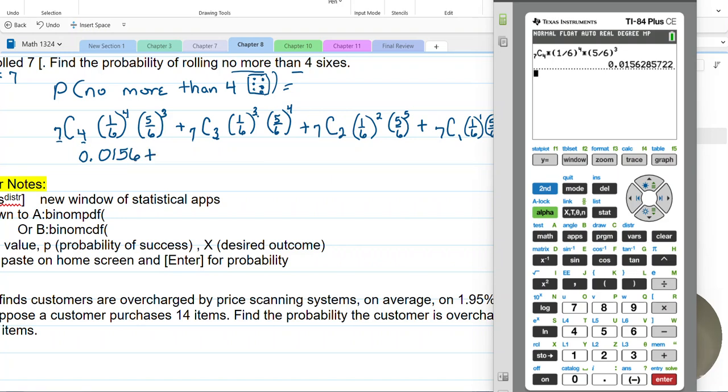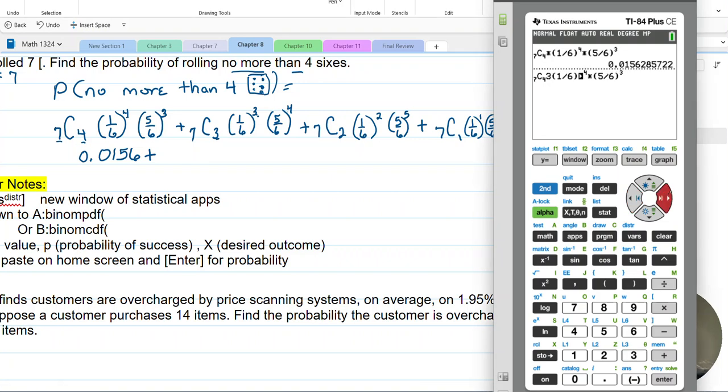All right, so now I'm going to do second enter to get a copy of the first one, and I'm going to back arrow all the way to how many I'm choosing, because now I'm choosing 3.